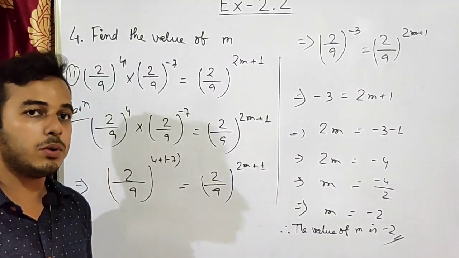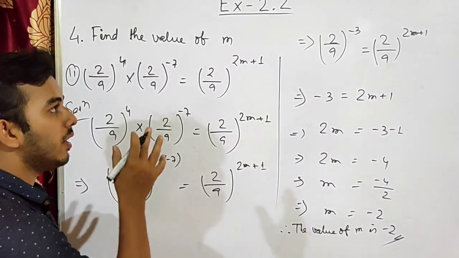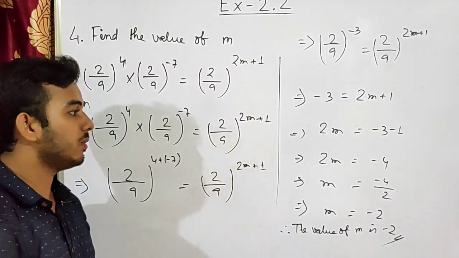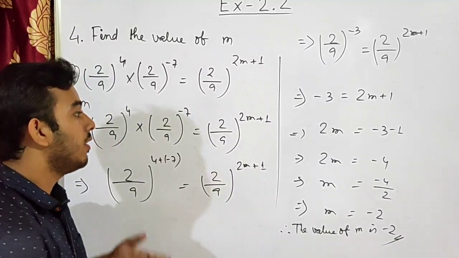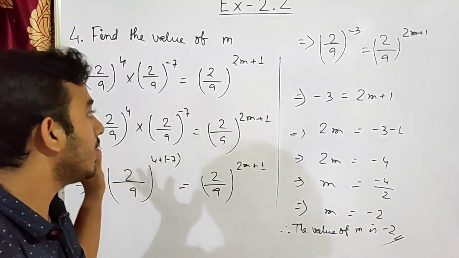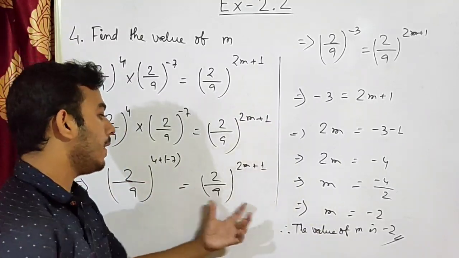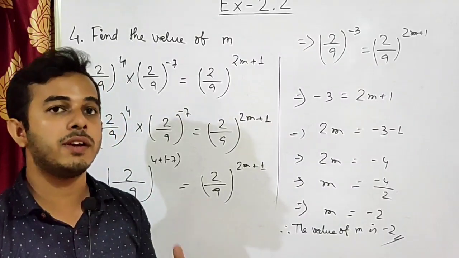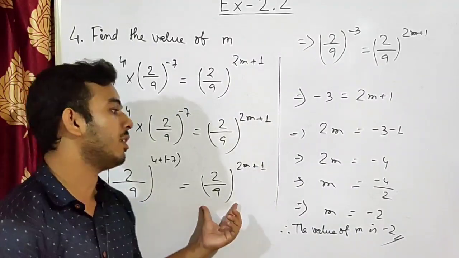I hope this is clear to you, how to find the value of m or the value of any unknown. How? We first solve any side, then on both sides we must find one term. This is one term, and this is one term.